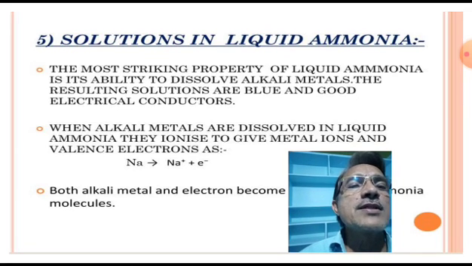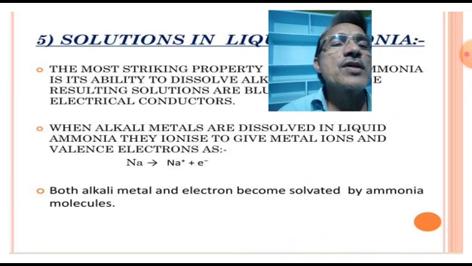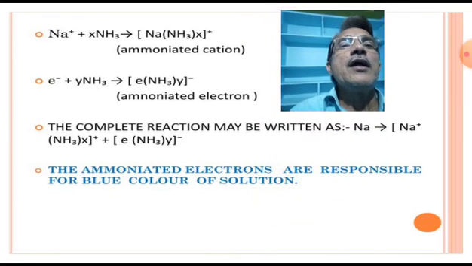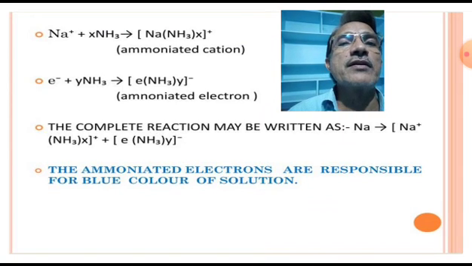When alkali metals are dissolved in liquid ammonia, they ionize to give metal ions and valence electrons, as Na gives rise to Na+ plus e-. Both the metal ion and the electron become solvated by ammonia molecules. Na+ combines with x number of ammonia molecules forming an ammoniated cation.